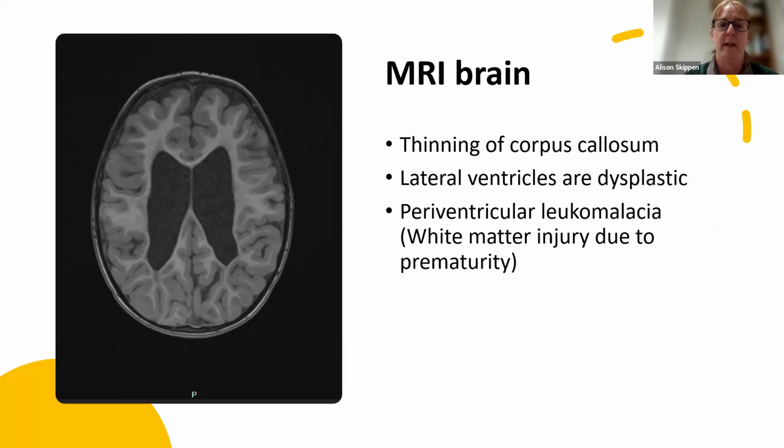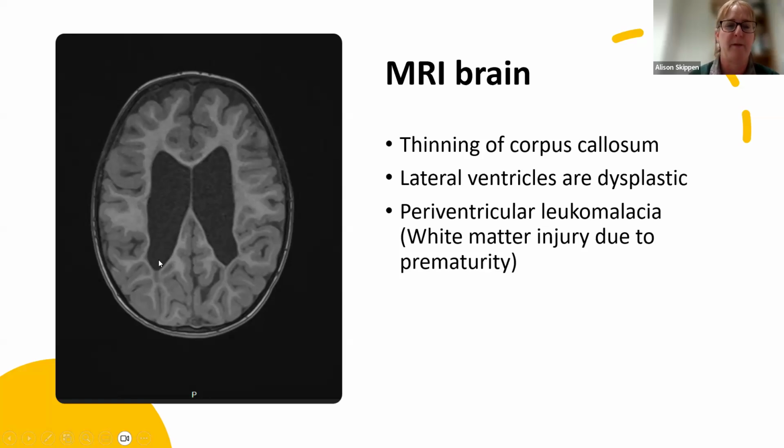And then you've also got thinning of the corpus callosum. The corpus callosum, I don't know if you can see my mouse, is this part of the brain here that connects the two hemispheres together, so the right side and the left side. And this is quite thin compared to normal. And that shows us that she's had some white matter injury, and that's affected all those parts of the brain.